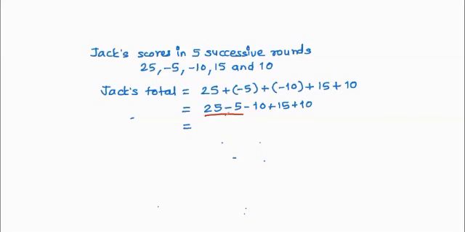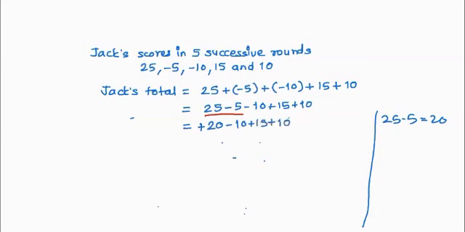So first we'll solve this. 25 is a positive number because there is a positive sign before 25. If there is no sign, it is a positive sign. So plus minus is subtraction. So we'll do subtraction in our rough area. 25 minus 5 is equal to 20. So I take the answer 20 here and give it the positive sign because 25, which is the greater number, has a positive sign, and the remaining numbers come down as it is.